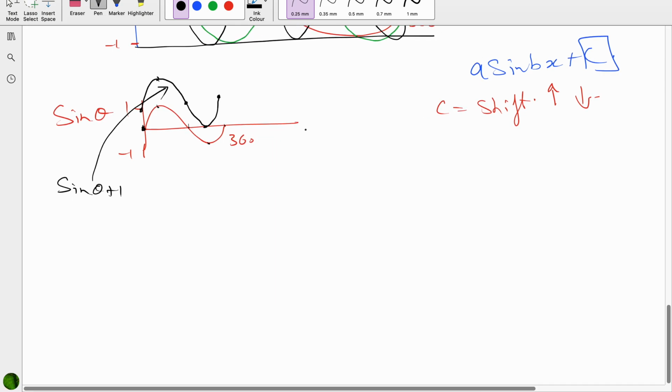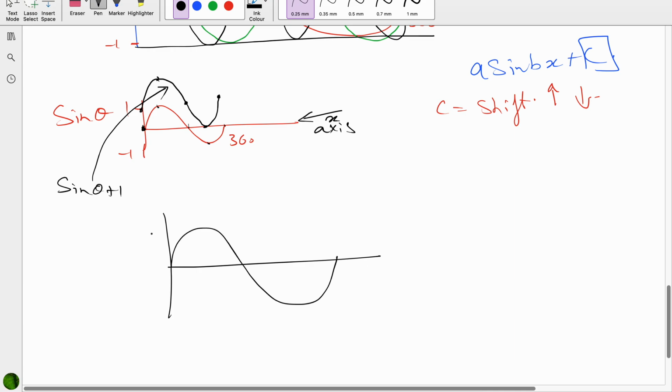It is always easy to move the x-axis than moving the graph. For example, we had this graph of sine theta. This is 1, this is 0, this is -1, and I tell you to draw the graph of sine theta -1.